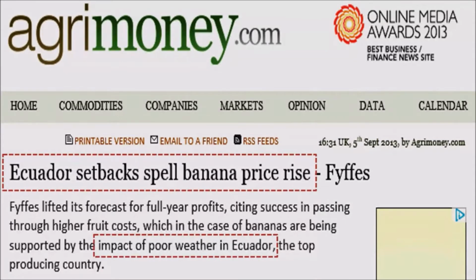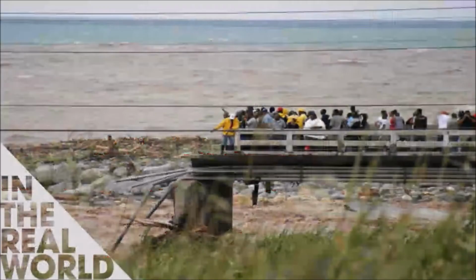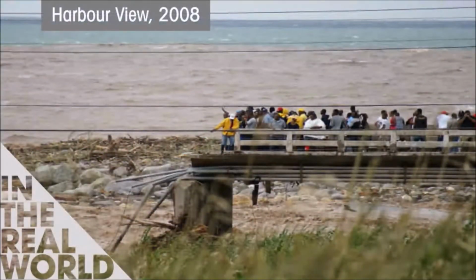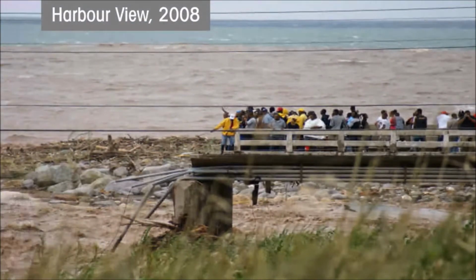But this idea that prices automatically move up and down to reflect relative scarcity, like all of the principles that we are discussing, is more powerful than it appears to be. I remember when Hurricane Gustav in 2008 knocked out the bridge between Harbor and east to St. Thomas.